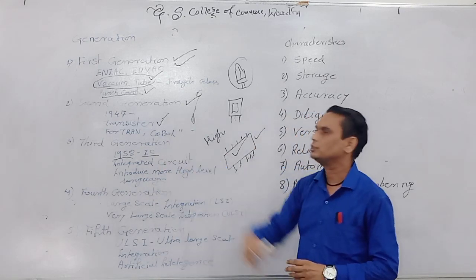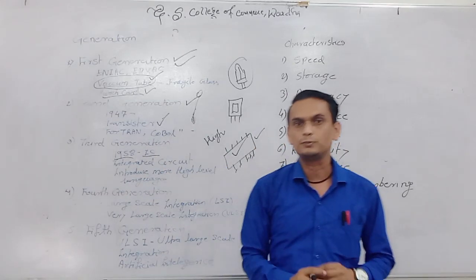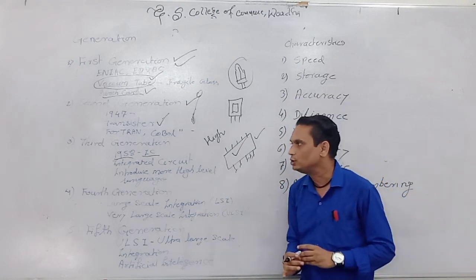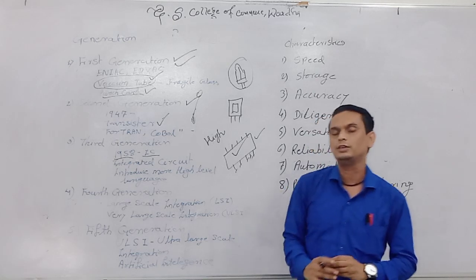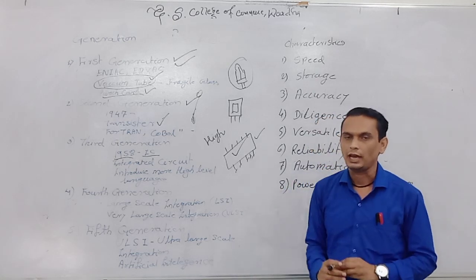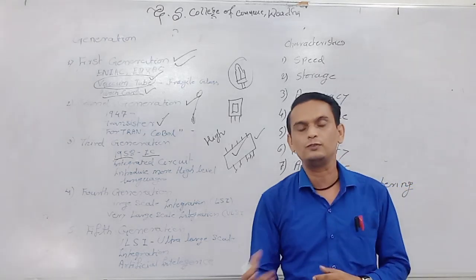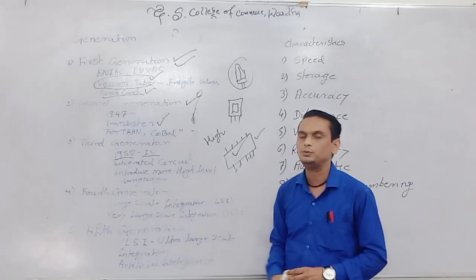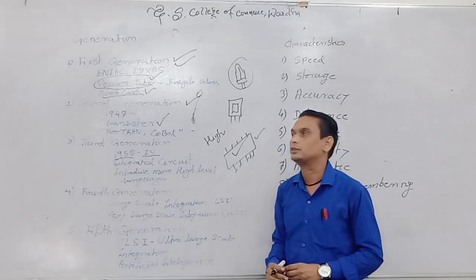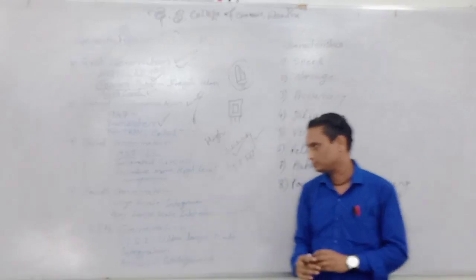Therefore, in third generation, all different types of software and languages were introduced. More software was developed by the developers, and that software was useful for commercial persons. Therefore, third generation computers were more popular than first and second generations.